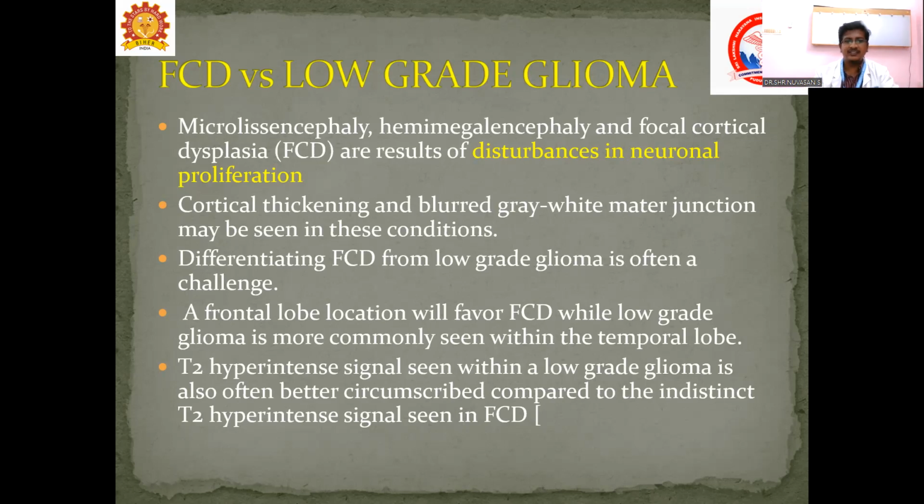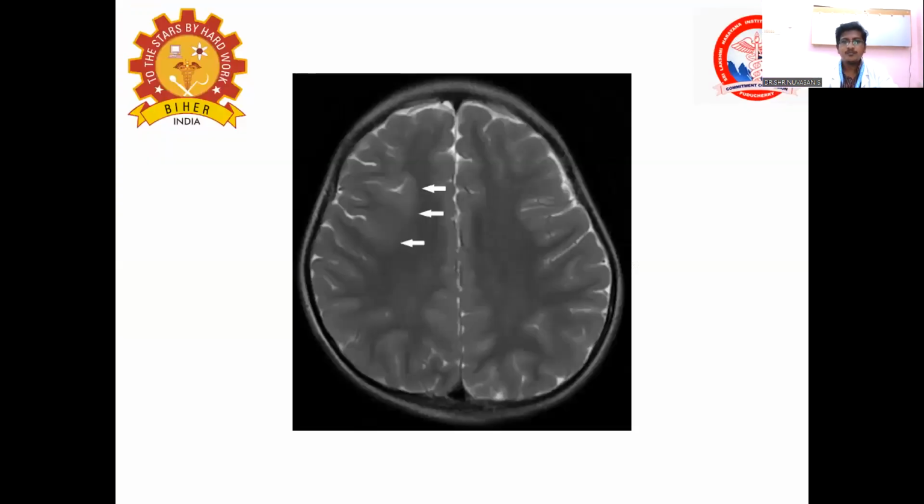T2 hyperintense signal seen within a low-grade glioma often appears better circumscribed compared to the indistinct hyperintense signal seen in focal cortical dysplasia. So you can see the focal cortical dysplasia, where you can see the indistinct margins, and particularly this focal cortex alone appears abnormally thickened. So this is a classical appearance of focal cortical dysplasia.